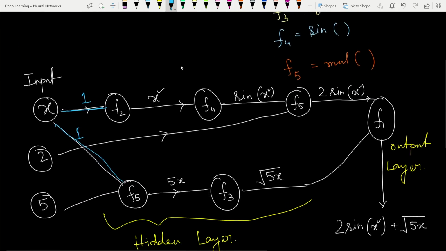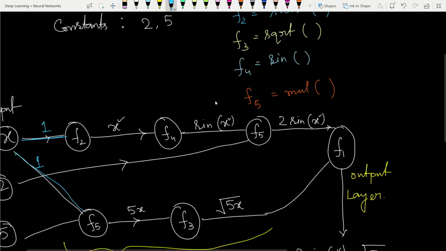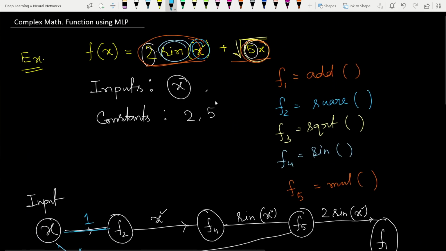Okay, this is the simplest structure of the multi-layer perceptron. I think you will understand from the equations' point of view how you will structure these mathematical equations in this graphical way of the multi-layer perceptron.